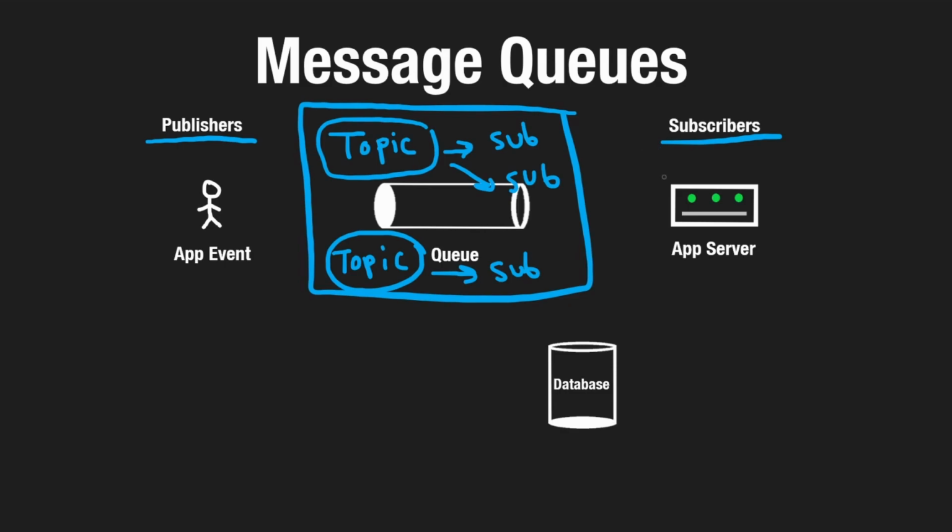Now, maybe we have just a single app server that we need to receive all of the analytics events. And then from those analytics events, we write it to some logs database or something like that. But for this payments information, we actually need two services to receive from them. One service is going to process that payment, and then another service is going to do something with it, maybe back it up to a database or back it up to some data warehouse.